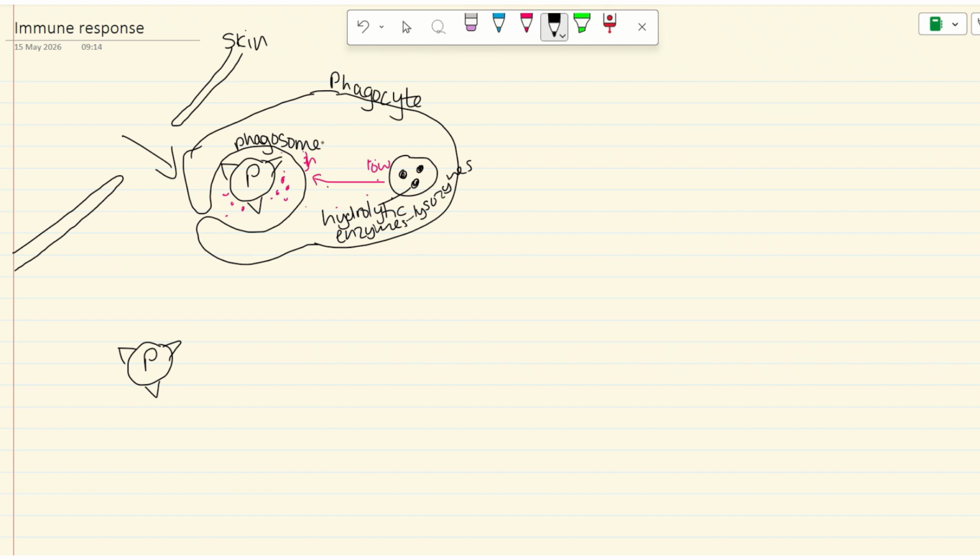So the phagosome is that bit in the middle where the pathogens are. What happens next is this vesicle here with the hydrolytic enzymes will fuse with the membrane of the phagosome.